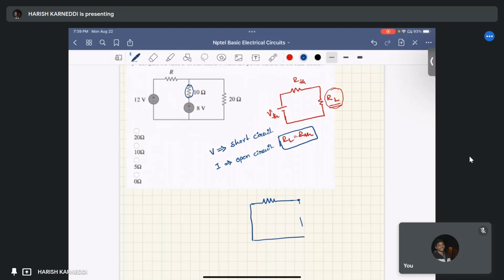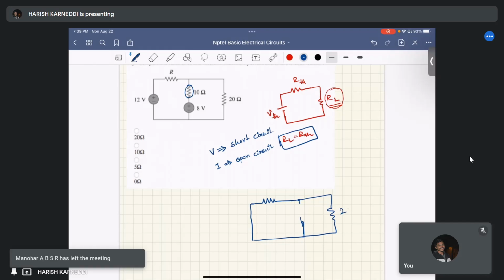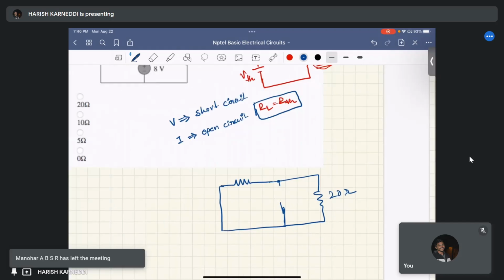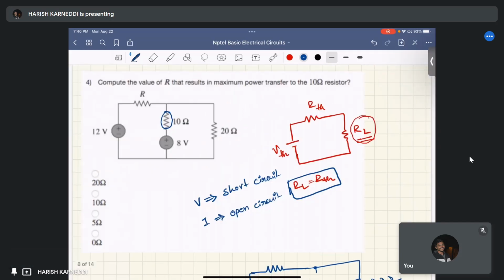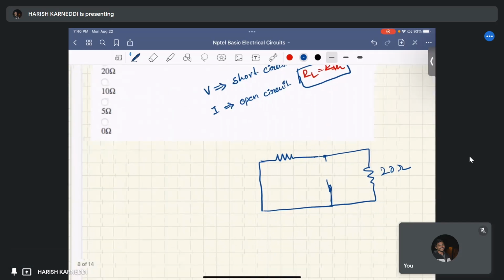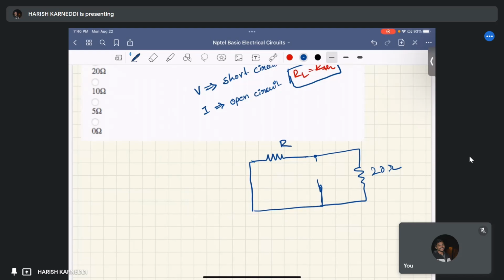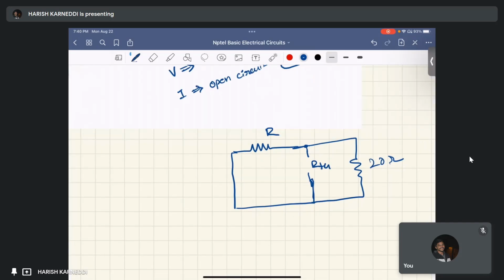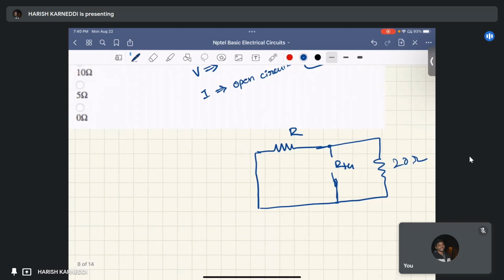Yeah. So this 8 volt should be short circuited. Then this 20 ohms comes at this point. This is 20 ohm, this is resistance R, and this is the resistance RTH. Okay, that's the Thevenin's resistance.